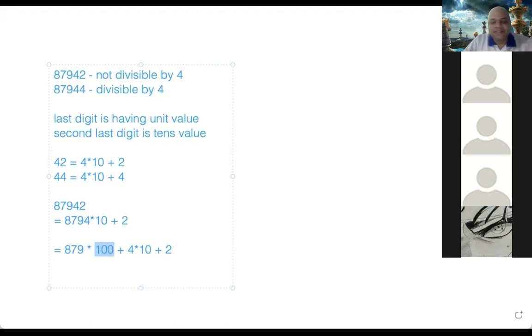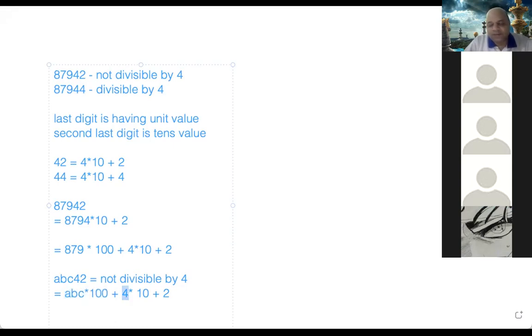So this entire term is always going to be divisible by 4, whatever it is. It can even be ABC42, and it doesn't matter what digits are in ABC. Why? Because ABC42 is equal to ABC into 100 plus 4 into 10 plus 2. This part is divisible by 4, so you don't have to worry about it.